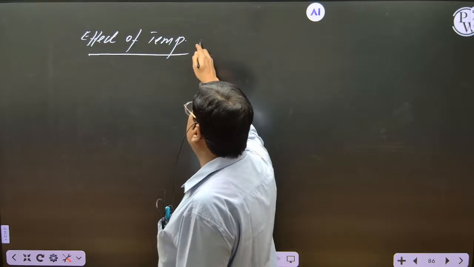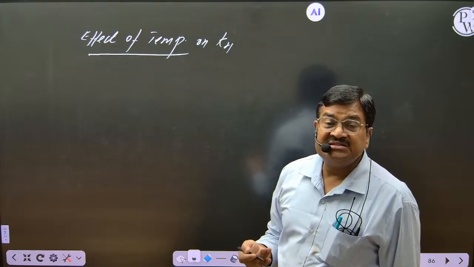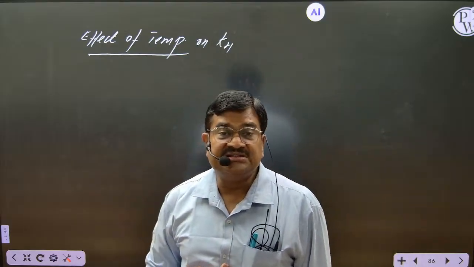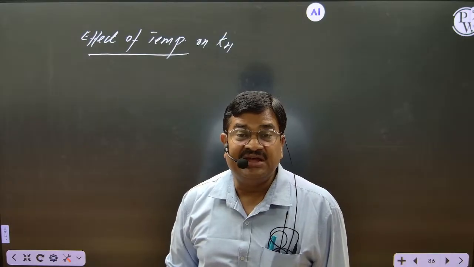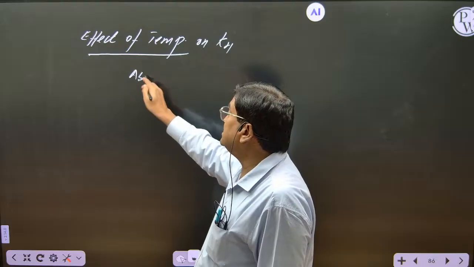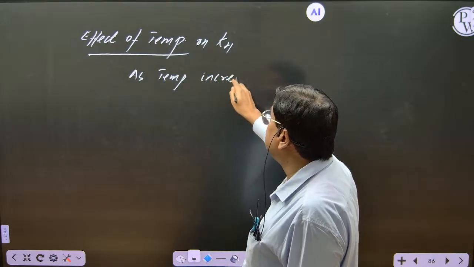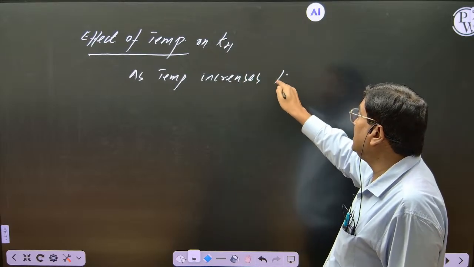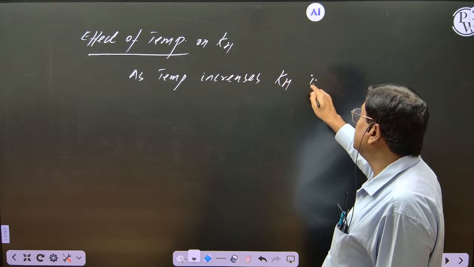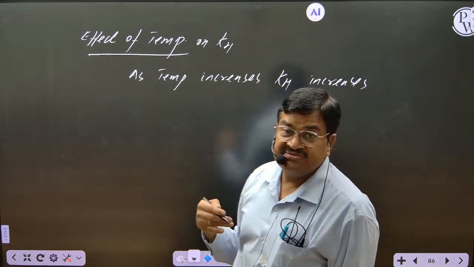Now see, as temperature increases, the Kh value also increases. That means Kh, how is it related with temperature? Directly proportional. So make a note, with increase in temperature, Henry constant Kh increases.